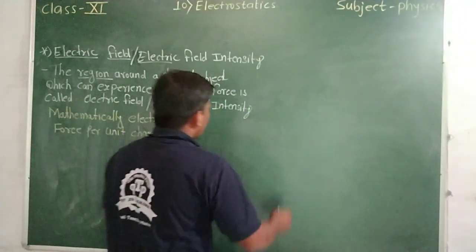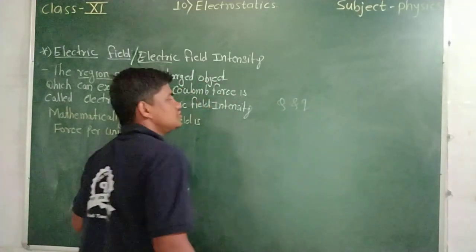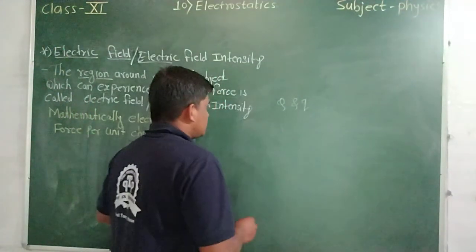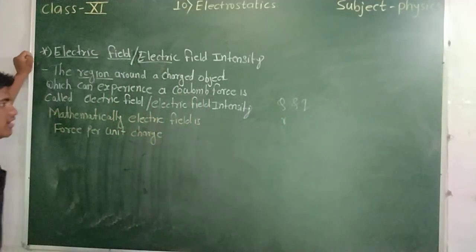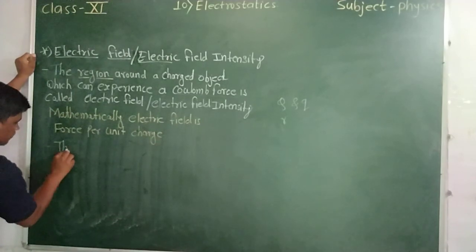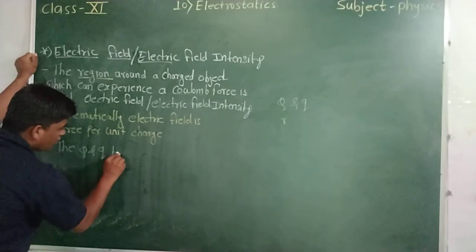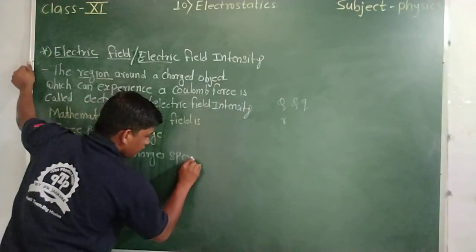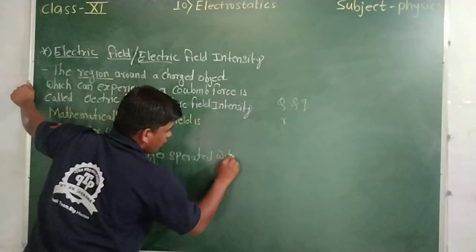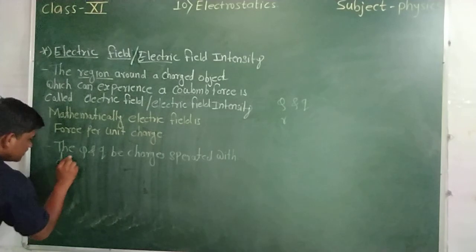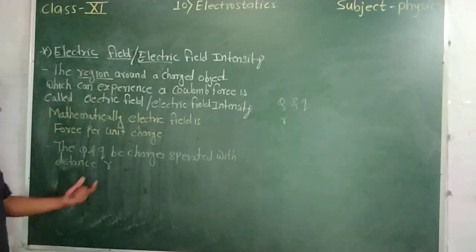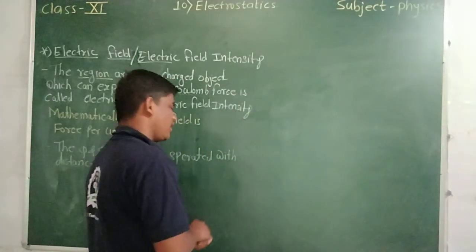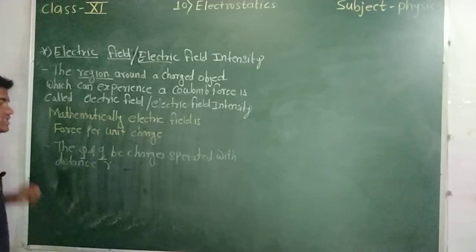In that region, capital Q and small q are two different charges, separated by a distance r. Here we have considered two charges, Q1 and Q2, and the distance between them. Capital Q and small q are the two charges separated by the distance r.